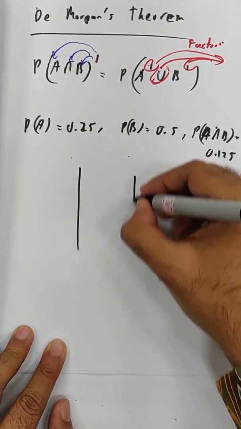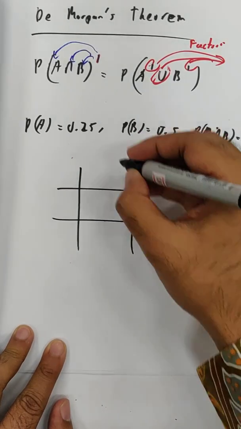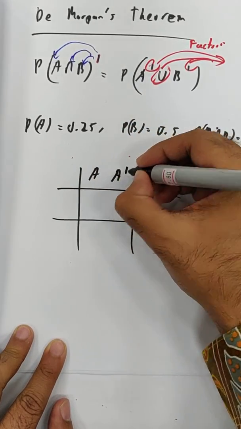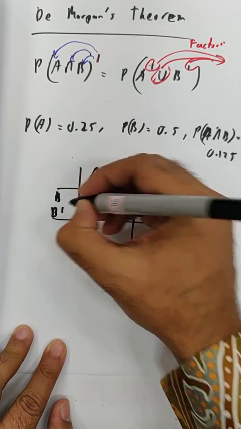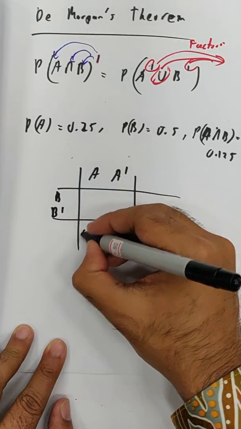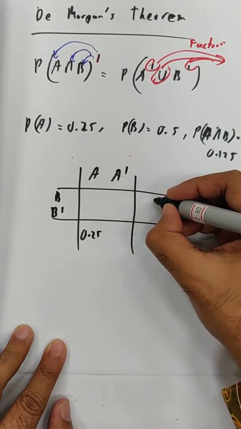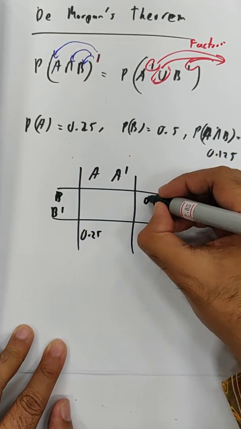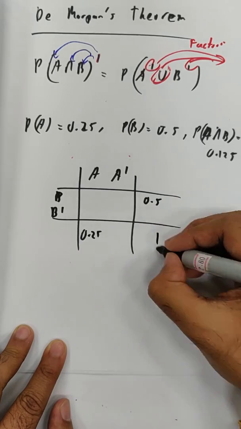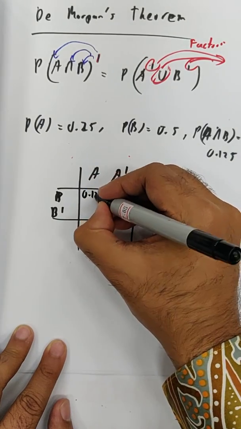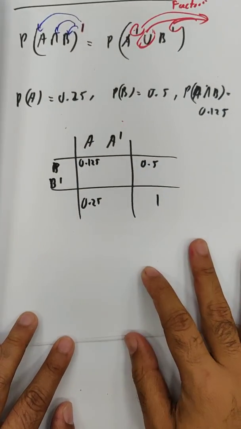So if I were to draw the hashtag, A prime, B prime, A 0.25, B 0.5, here is 1, here is 0.125. My goodness, why so small?